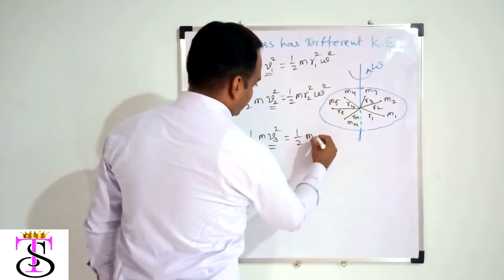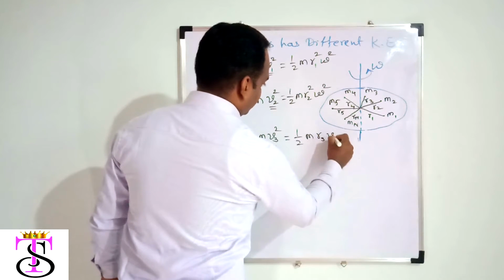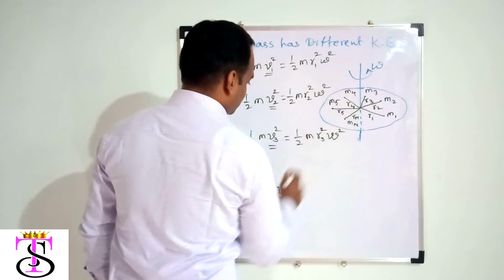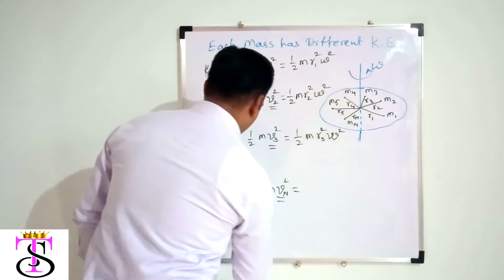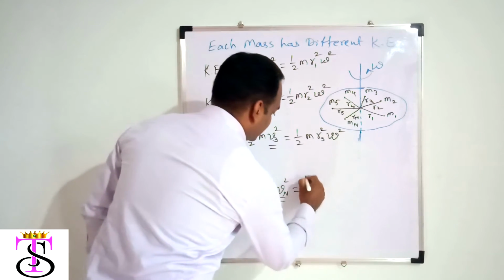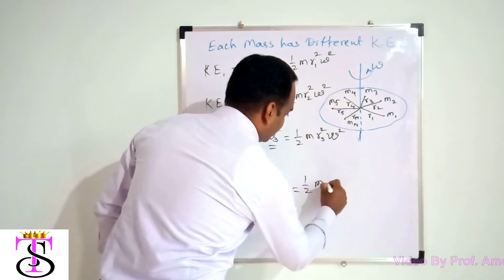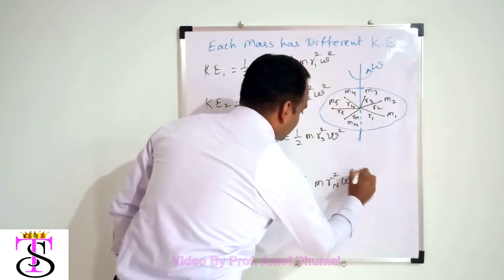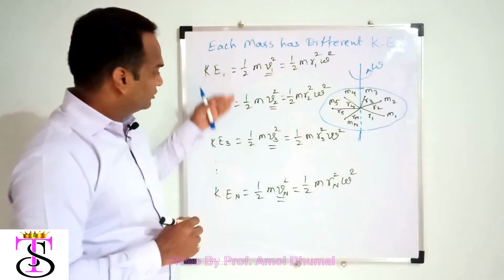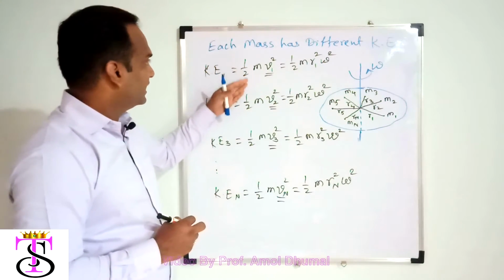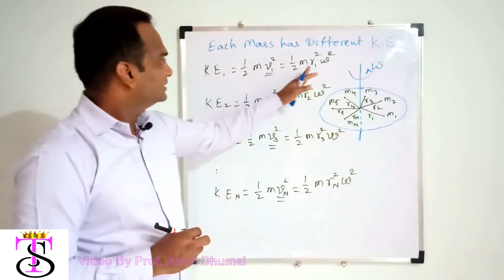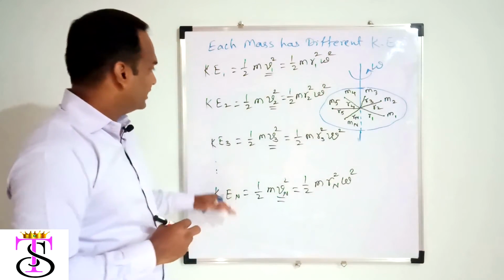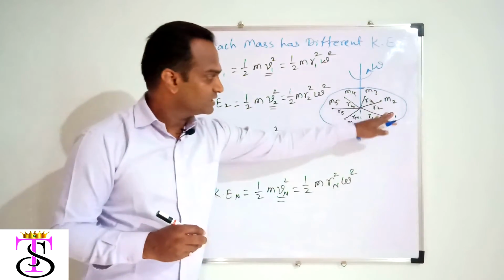For v3 we can write r3 square omega square, and for vn we can write 1/2 m rn square omega square. So likewise we can write the kinetic energies in terms of omega square for each and every mass on this body.